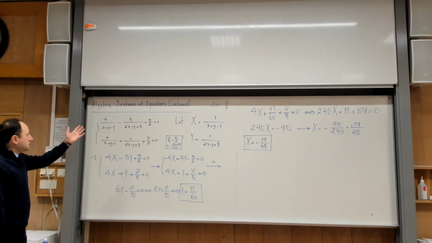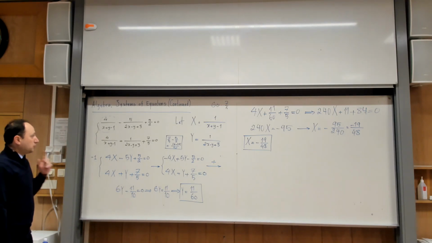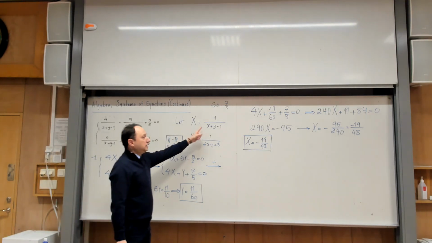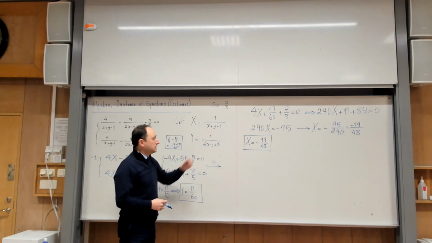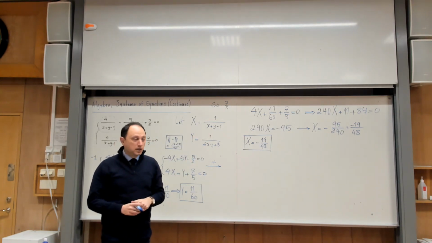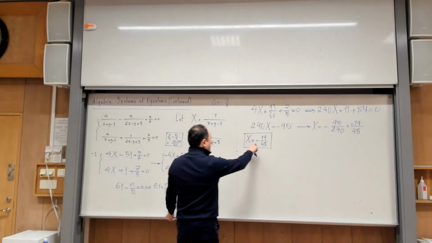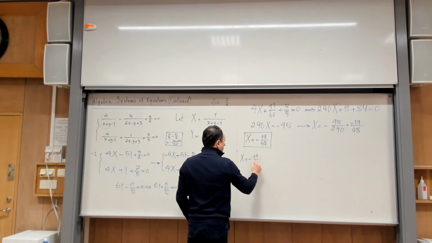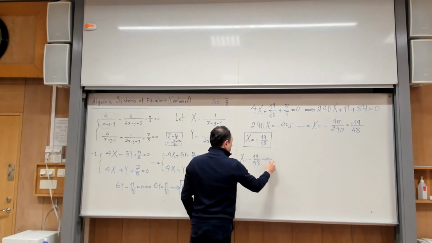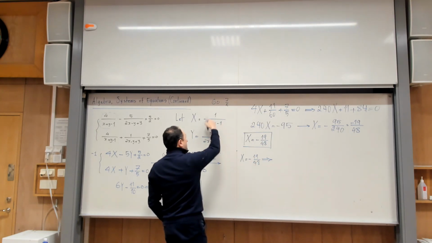And then, well, let us plug things where? Here and here. Because now I want to find little x and little y. Yes? So what should I do? I start from here. You tell me that x is minus 19 over 48. But what is x? X is this expression.